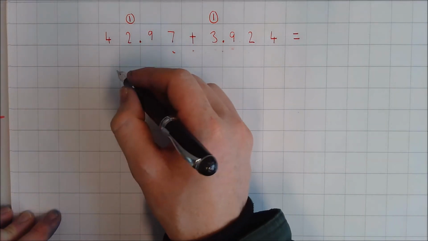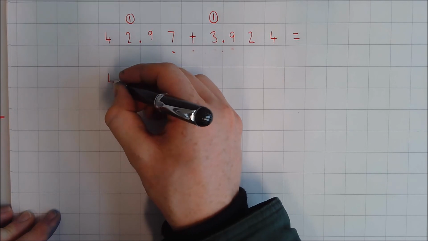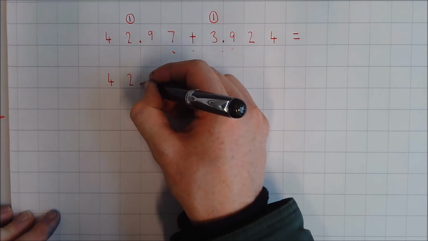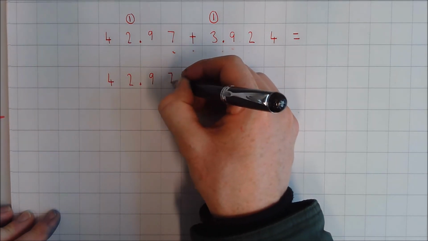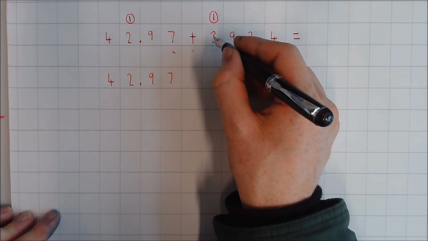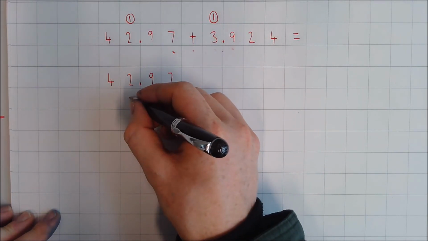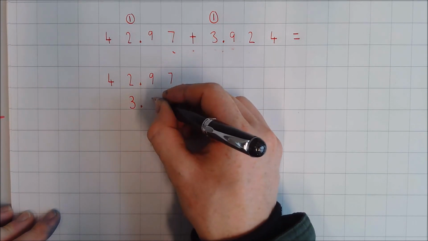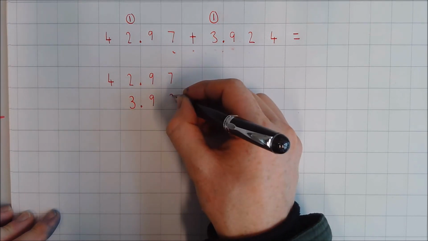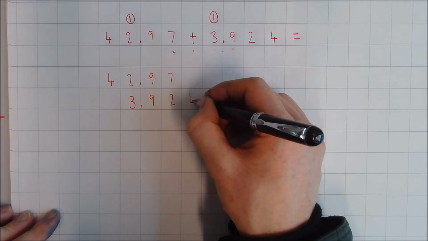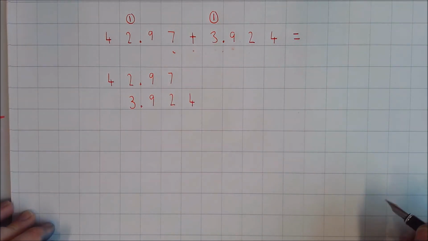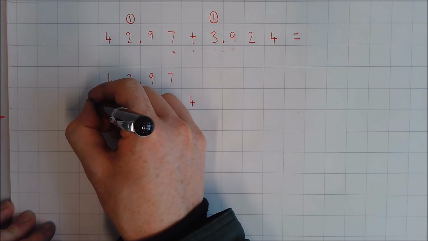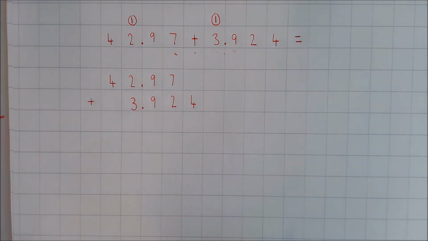Okay, so I'm going to write my first addend down. Right, so this 3 has to go under the 2, because it's 3 ones under the 2 ones. So we must not forget our symbol or our ruler.